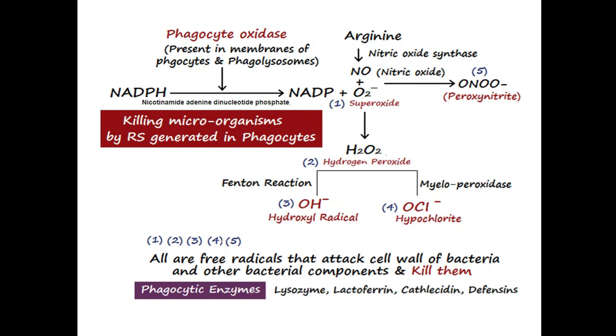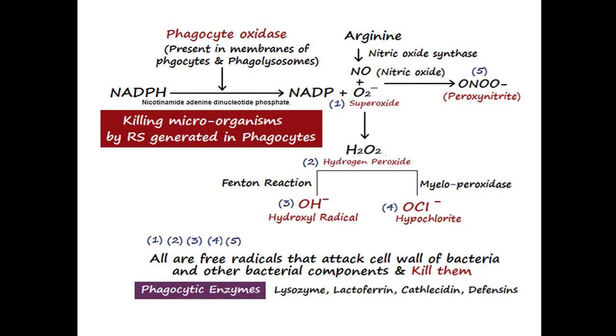Now here we can see that we get 5 free radicals. One is the superoxide, the second is the hydrogen peroxide, the third is the hydroxyl radicals, the fourth is the hypochlorite, and the fifth is the peroxynitrite. And all these 5 free radicals are used by the phagocytes to kill the microorganisms.